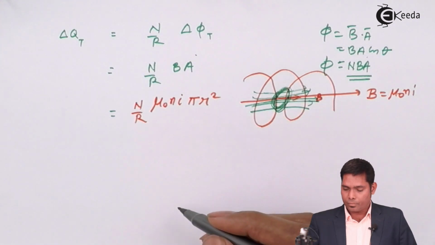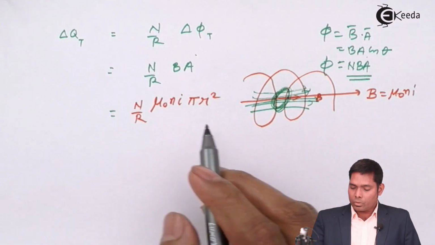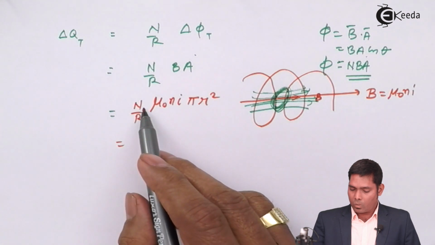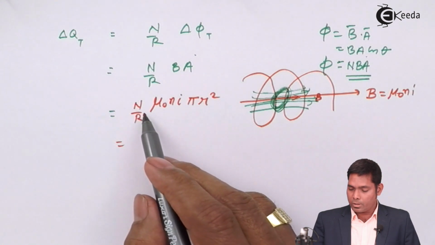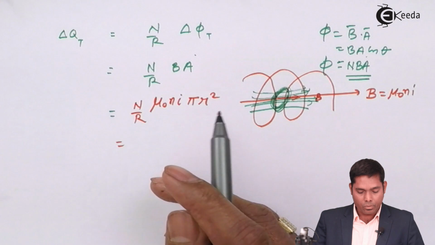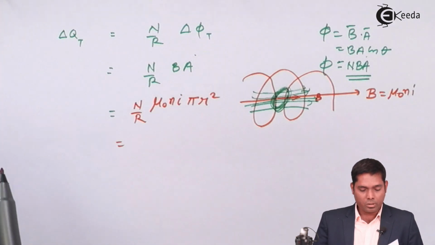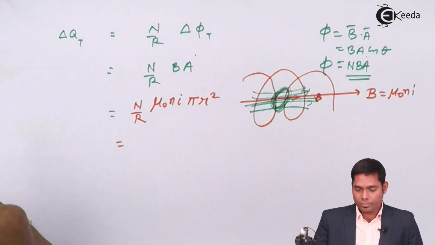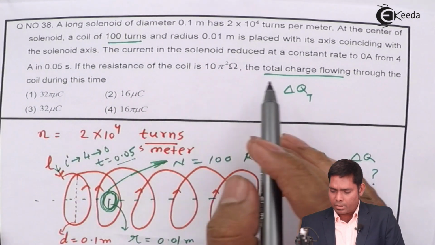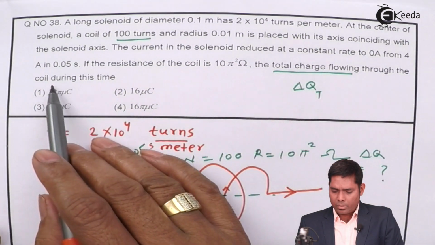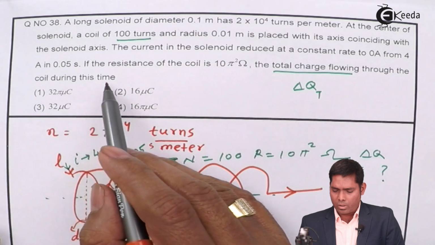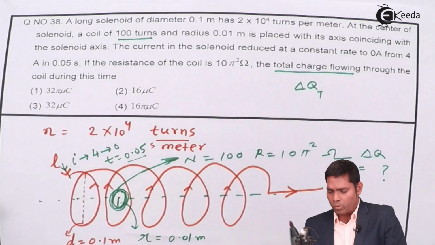Okay. So now, if I put the values, I have to see the options first. The options are in microcoulomb.